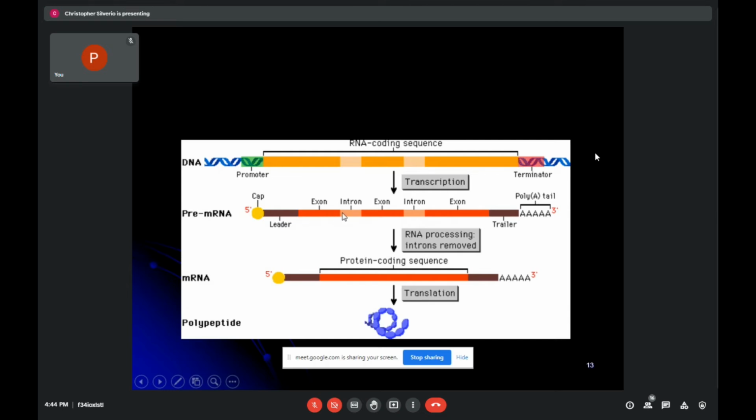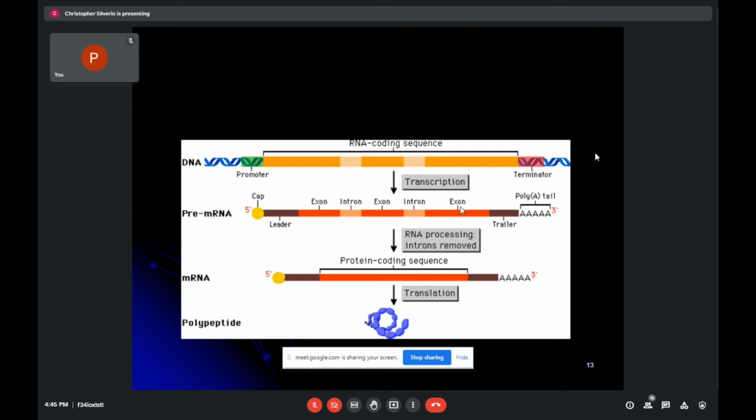And there are fragments in the messenger RNA that are coding and non-coding. And these are fragments of the intron. The intron is the non-coding portion of the messenger RNA.